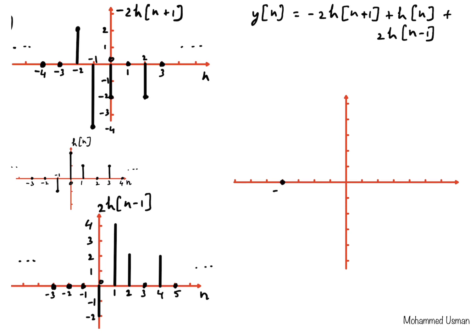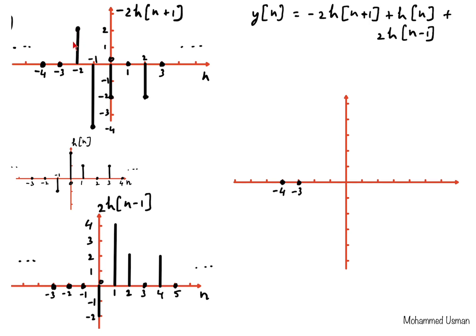So that's equal to 0. So for n equal to -4, we get y of n equal to 0. For n equal to -3, we're just going to add all the values at n equal to -3 in these three plots. So at n equal to -3, here it's 0, and here also it's 0, and here also it's 0. So that's also 0. That's for n equal to -3.